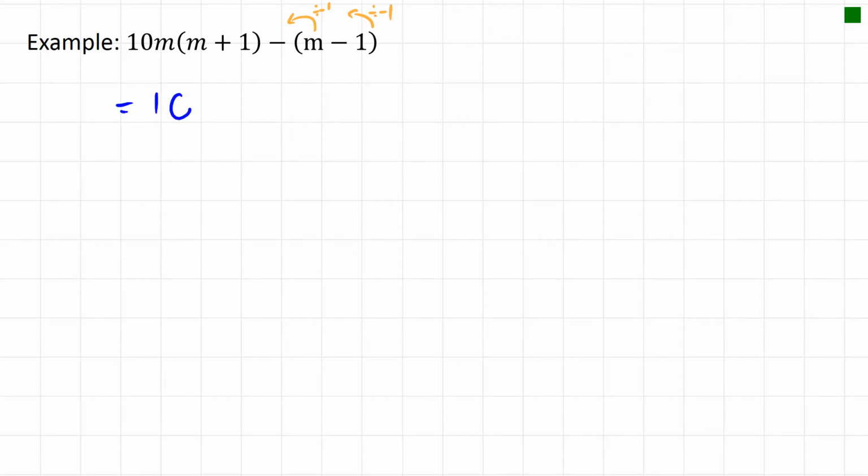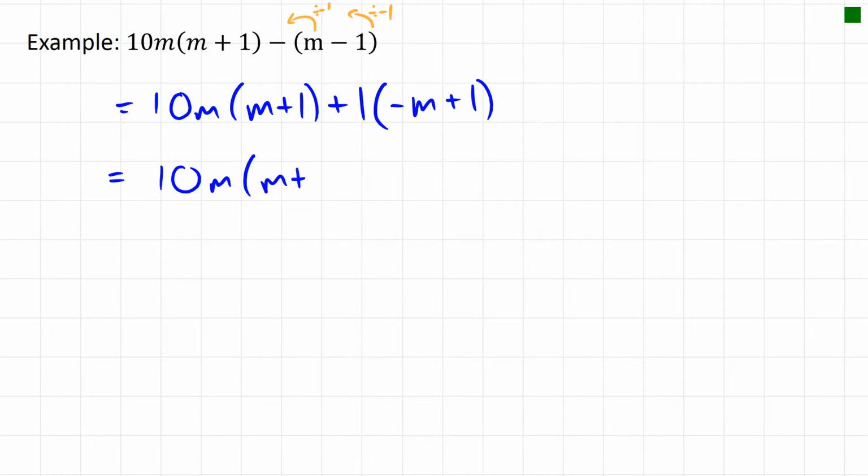Well, I'd get 10m times m plus 1, and then pulling off a negative 1 from each term would mean I have minus negative 1 or plus 1, and then I would have negative m plus 1 in the brackets. Ooh, but this, you can see, is not the same as the other bracket. So these are not common factors of our two terms. There's no factoring I can do.